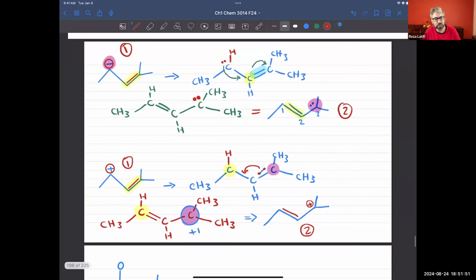We good? So in one case, we have either a negative or positive charge neighbor with a carbon. Look at the position, the place of the positive or negative charge from the neighbor. You started here. This is the place that you have negative charge. On the second carbon, there is a pi bond. Here you have a positive charge. On the second carbon, you have a pi bond.